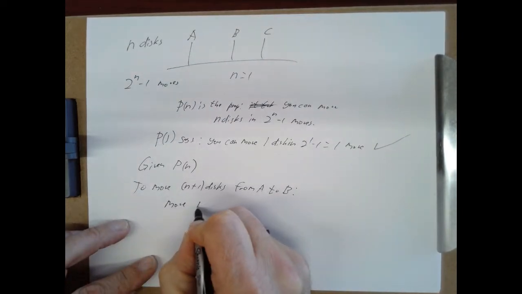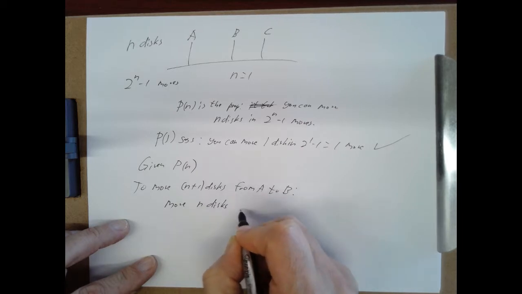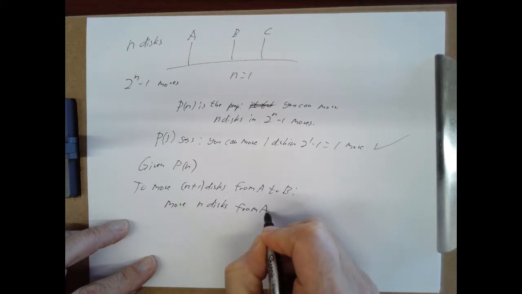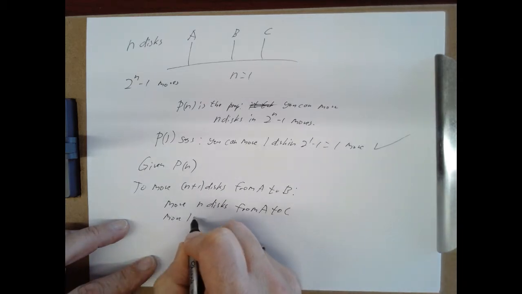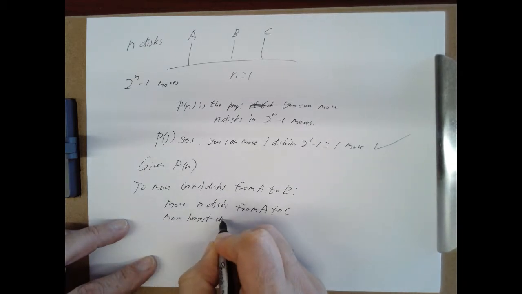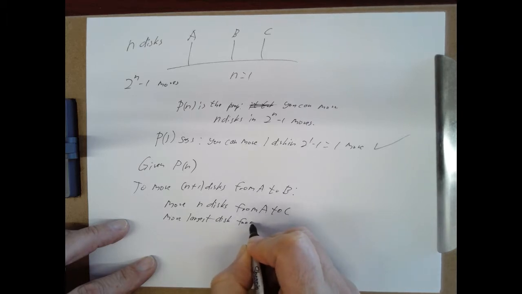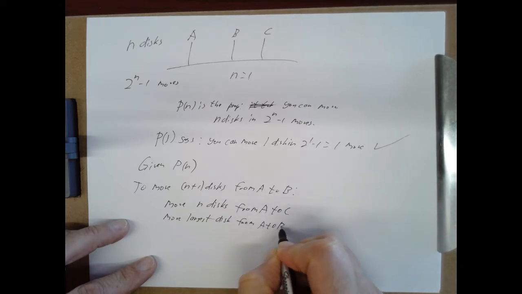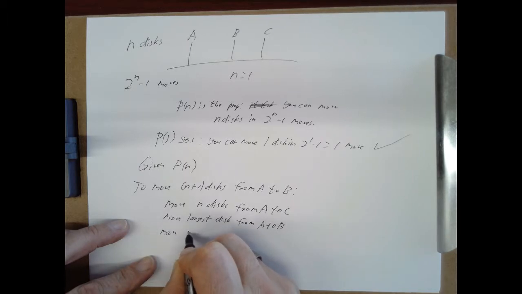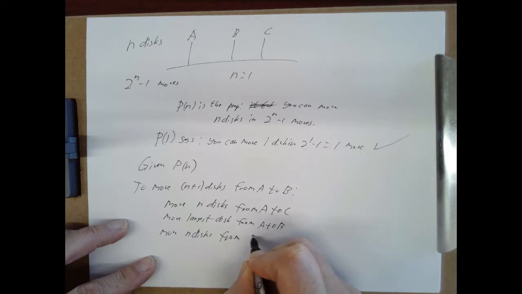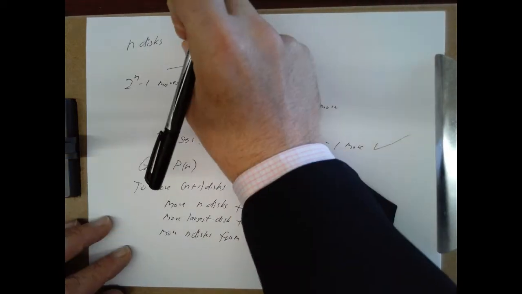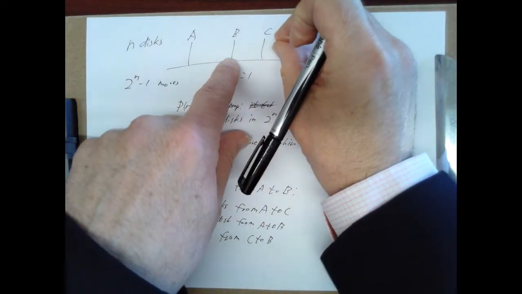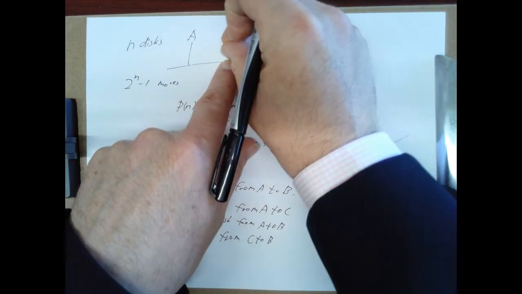Move n disks from A to C, move the largest disk from A to B, and then move the n disks again from C to B. So take most of the disks, put them over on C, put the biggest disk on B, and then take that majority of disks and put it back on B.